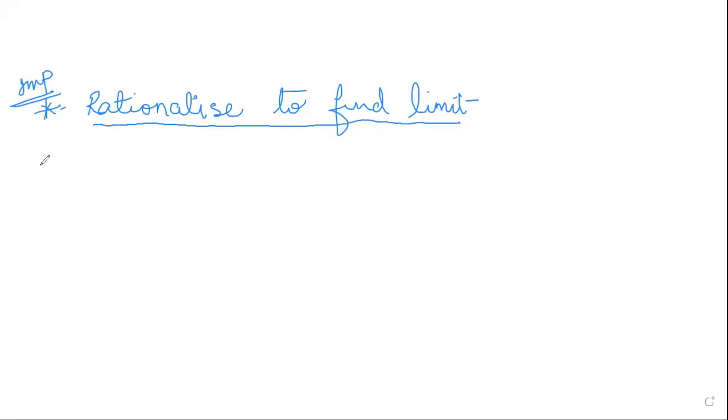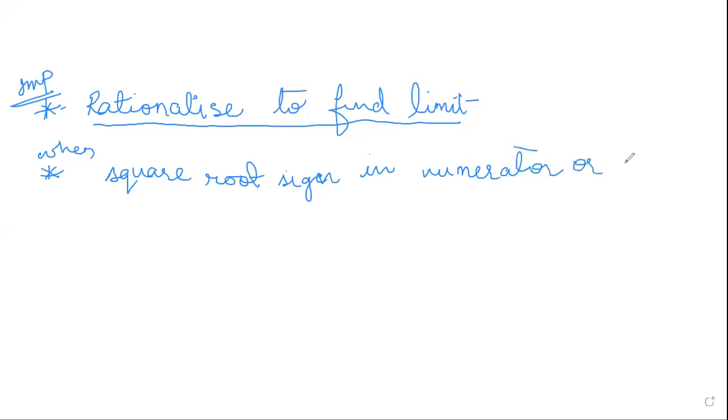But when do we use rationalization? We use rationalization when we have a square root sign, in the numerator or denominator.